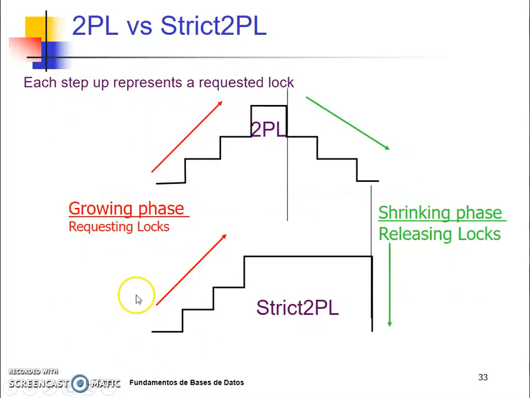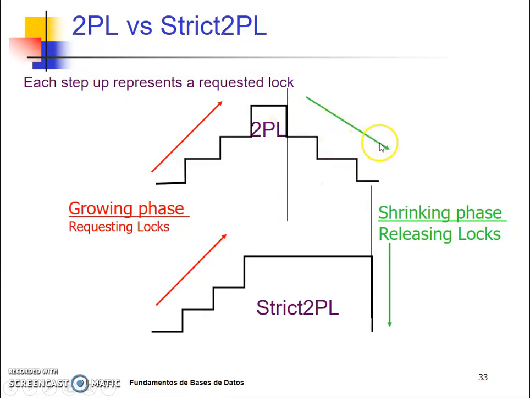So I am asking for a lock here, another lock here, another lock here, and I start releasing locks here, another lock here, and another lock here. So this is two-phase locking. I cannot have something going up and down. And in the shrinking phase, I release the locks.